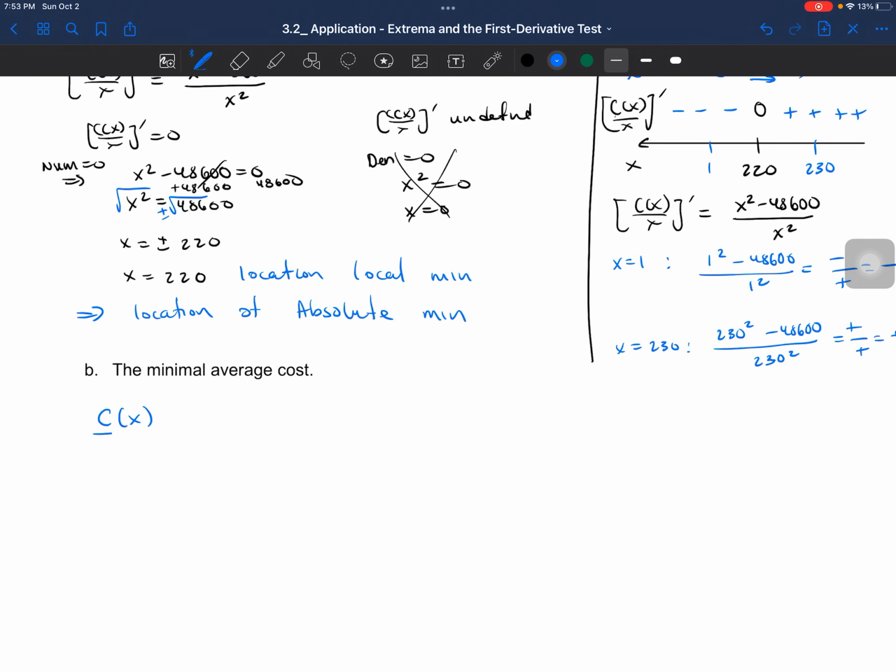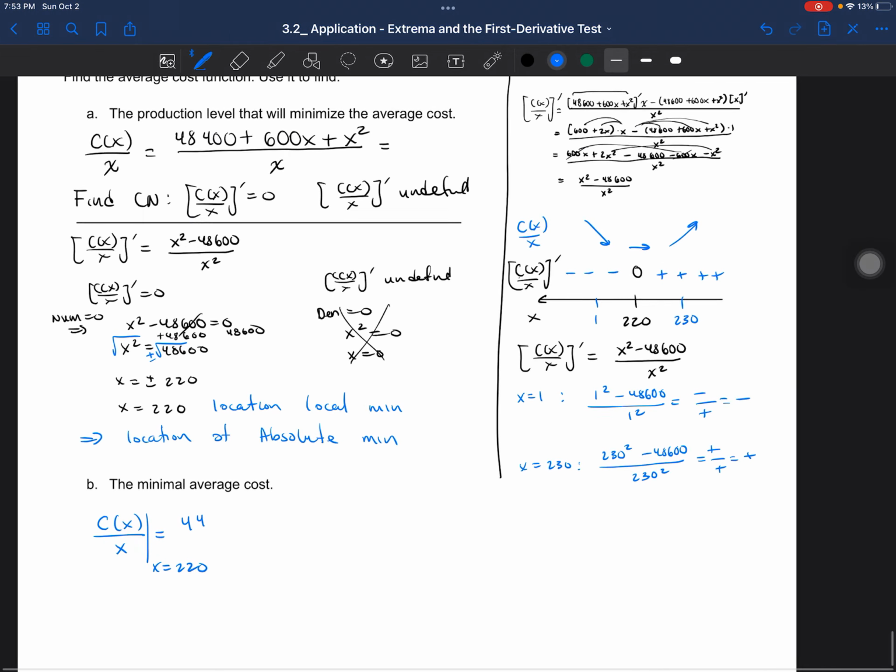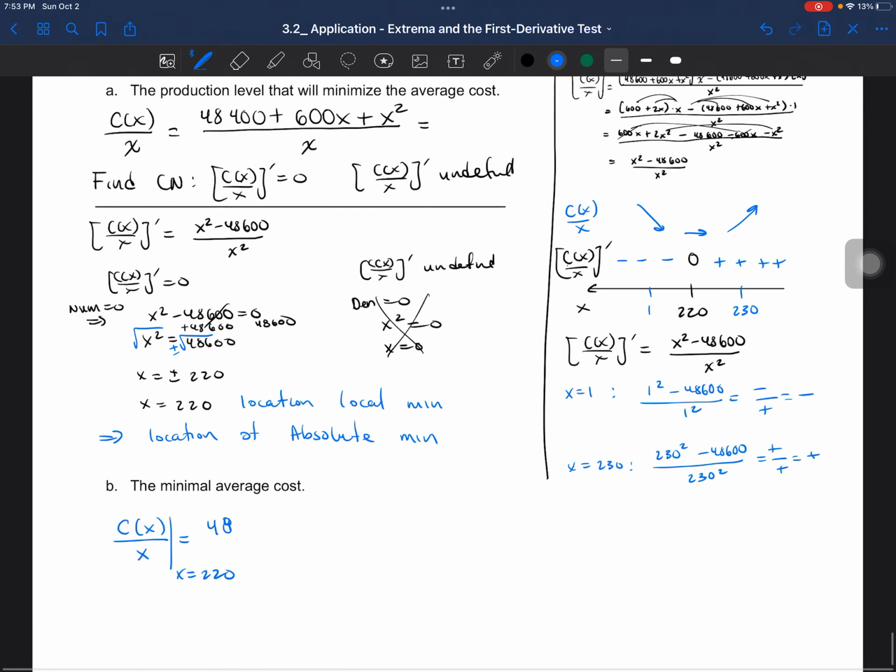So all we have to do is take the average function and replace x with 220. So we're going to plug 220 into the function.